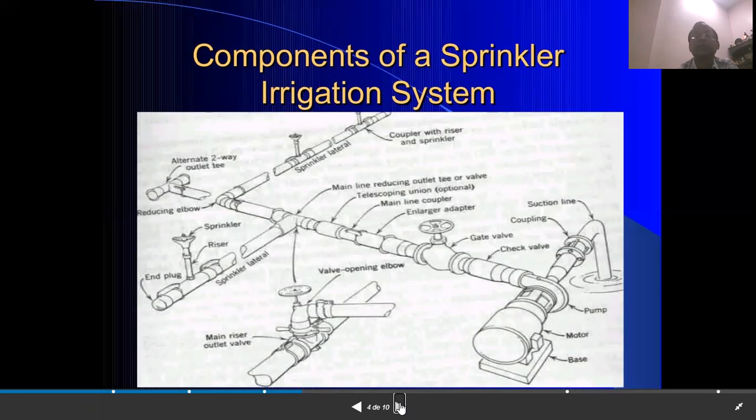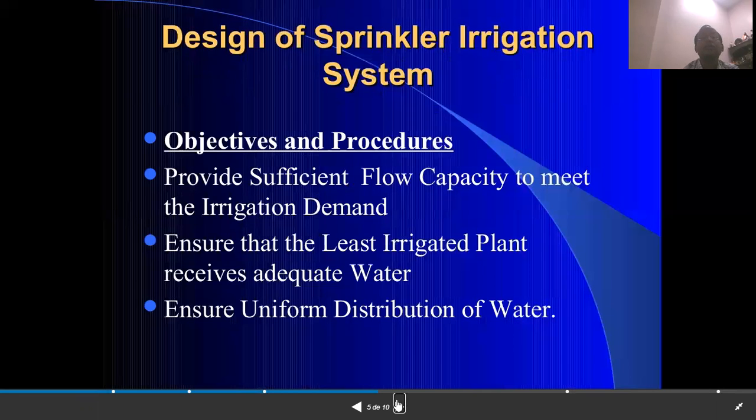Components of sprinkler irrigation, as you can see on the video screen, are the following: base, motor, pump, boring, and coupling. There are different parts you can look at here.